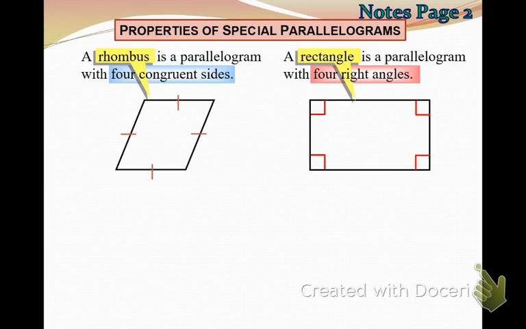So if you took a rhombus and a rectangle and put them together, what would their baby look like? Square. I heard it. It's a square.